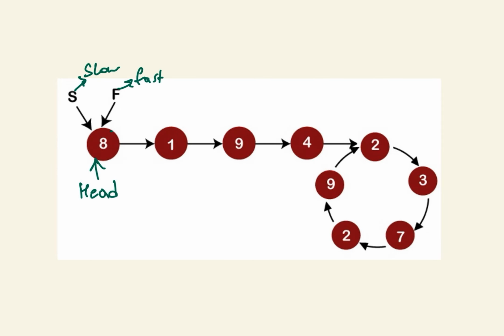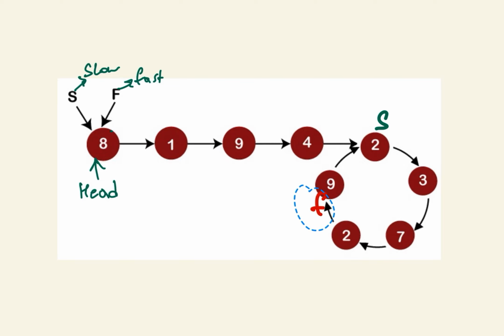Let's try to do it. So firstly, slow will be equal to 1, and fast will be equal to 9, because fast runs by skipping one node, but slow runs one by one. So the next slow will be equal to 9, but fast will be equal to 2. Slow will be equal to 4, fast will be equal to 7, and slow will be equal to 2, fast will be equal to 9.